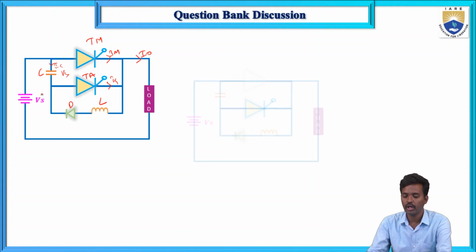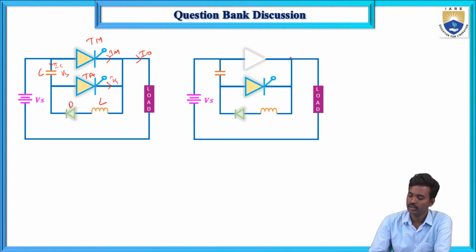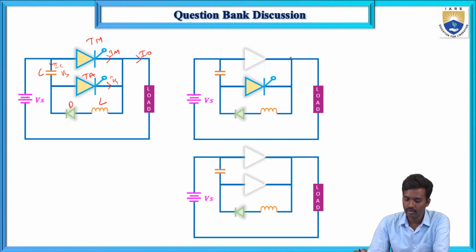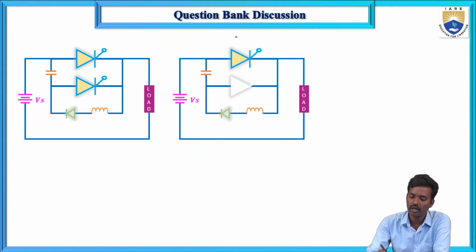So now what will happen here first? First T1 will be turned off. So now what will happen here? Current will flow from this capacitor and this thyristor in this way. So now when both the SCRs are turned off, initially the capacitor voltage is the supply voltage, VS. So now turn on this SCR.